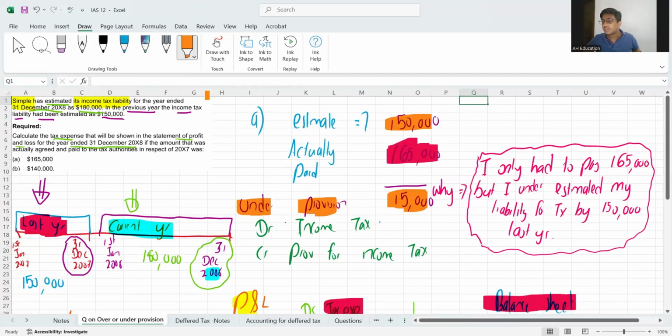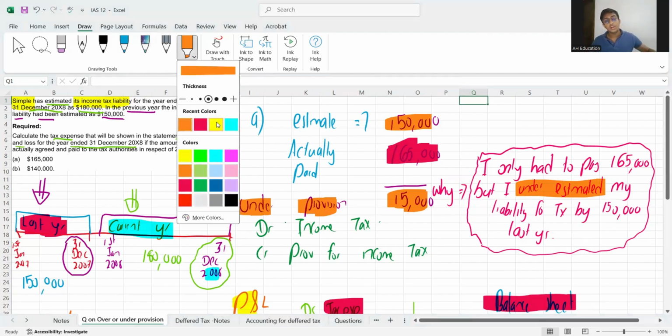Why? Because I only allocated cash for my last year for tax payment of 150,000, but actually I ended up paying 165,000. So I have underestimated or under provisioned my last year's tax expense.